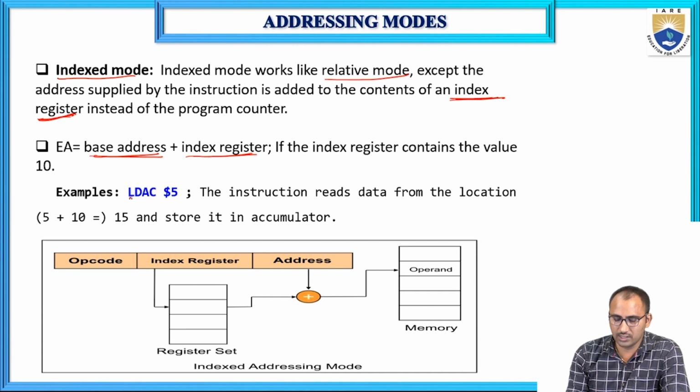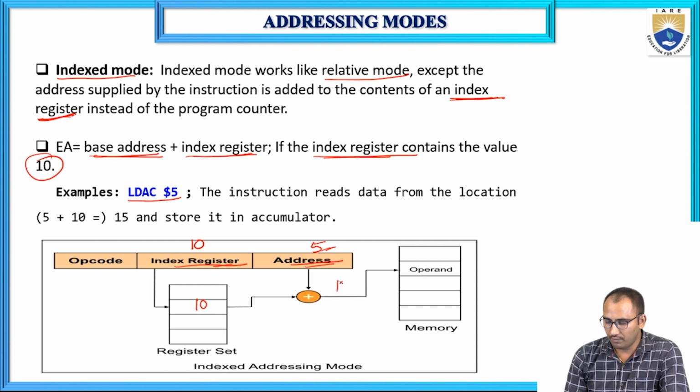The instruction is LDAC 5. This is an index register and this is the address. The address is given as 5, along with the index register. The instruction reads data from location 15 and stores it in the accumulator. If the index register value is 10, given directly, and the address is 5, then the total is 10 plus 5, which is 15.